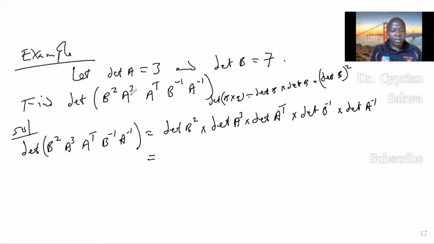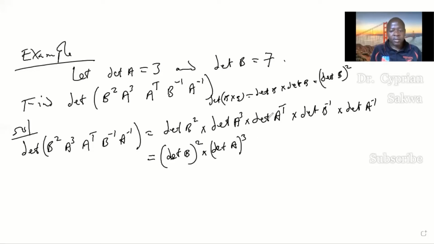So that is what I mean, that this will be the determinant of B square. And using the same reasoning, this other one is the determinant of A cubed.